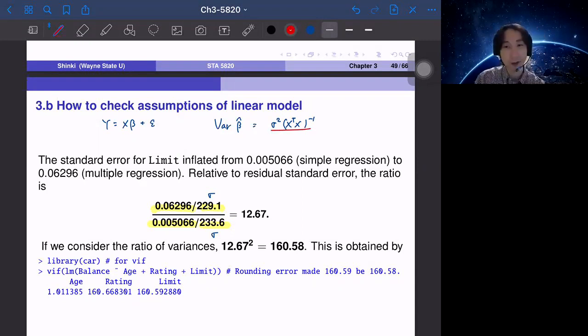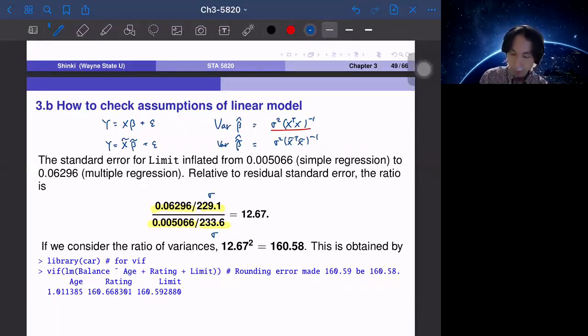The sigma squared is a nuisance parameter. It's not our interest, but we have to estimate it. If we think about the second regression model with a larger matrix, y equals X tilde beta tilde plus epsilon, then the variance of beta tilde hat is sigma squared times X tilde transposed X tilde inverse.